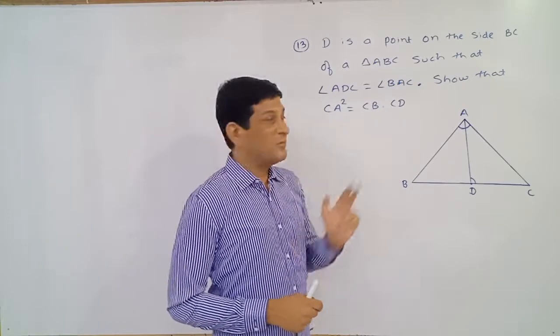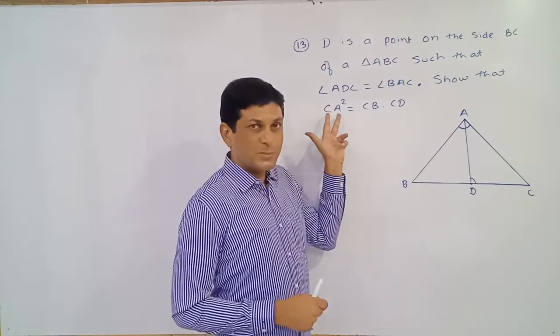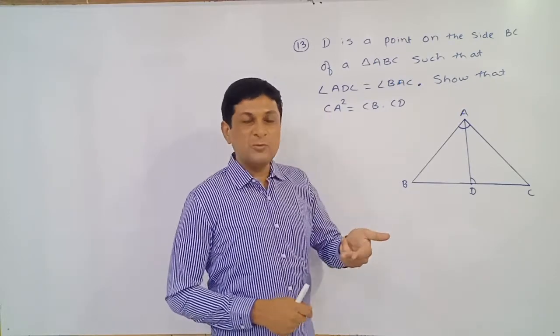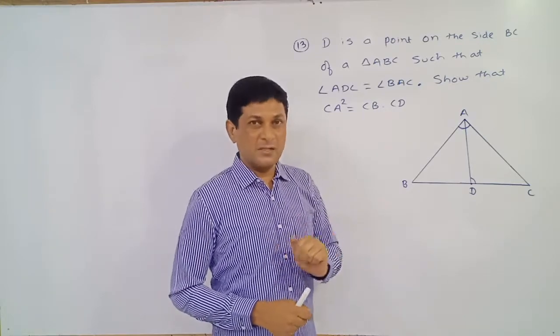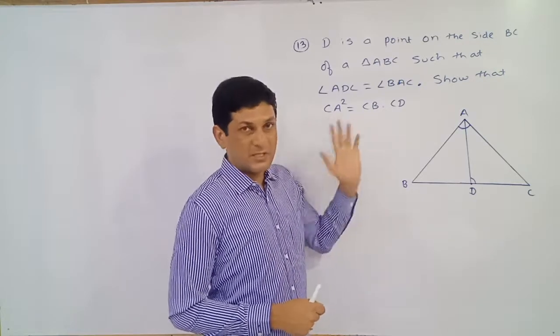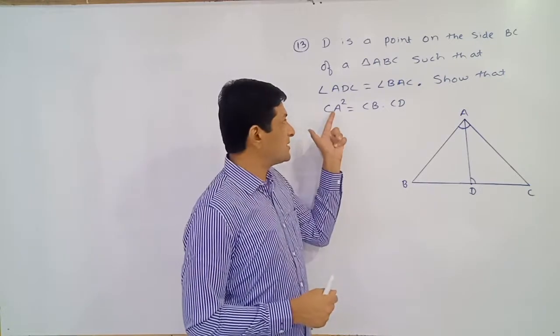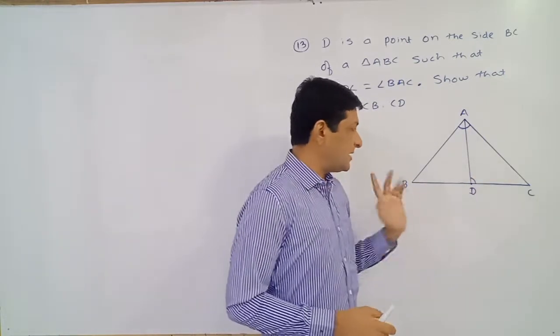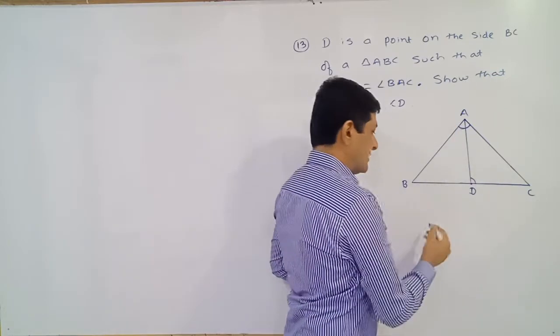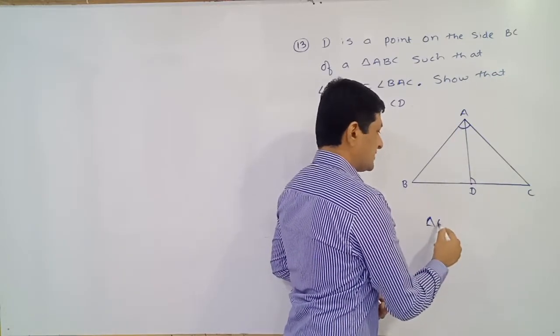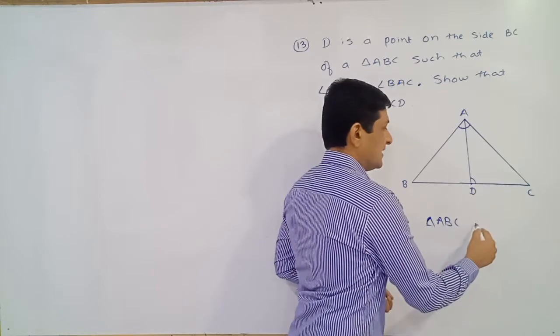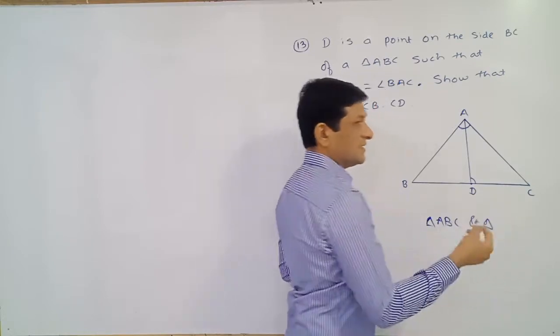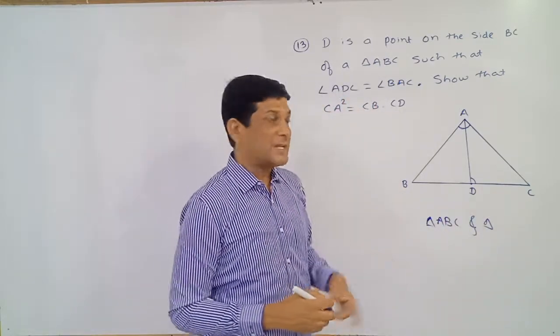Now, whenever the square of a side appears, we have to select two such triangles in which CA is the common side. Now, if you observe here, CA and CB are the sides of which triangle? ABC. So we first consider triangle ABC, and later we consider another triangle whose side is again CA.